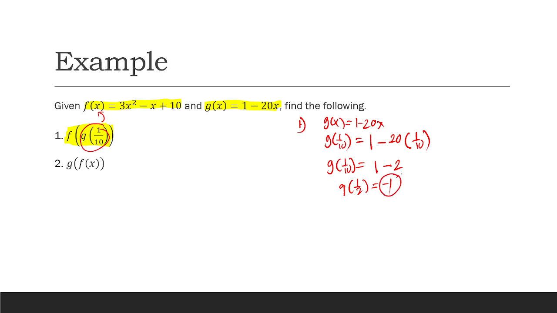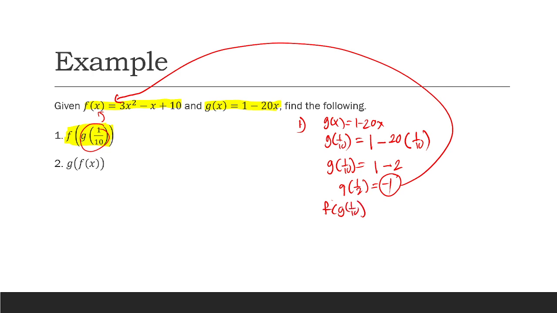Now, this negative 1, ngayon yung isa-substitute natin dito sa f of x natin. Doing so, we will have f of g of 1/10 is equal to, since nakuha na natin yung g of 1/10 and that's negative 1, we will have 3 times negative 1 squared minus negative 1 plus 10.